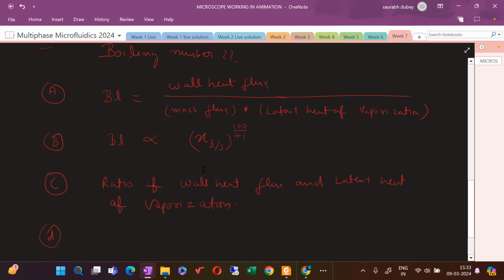And the D option is the ratio of wall heat flux and the product of latent heat of vaporization and mass flux.